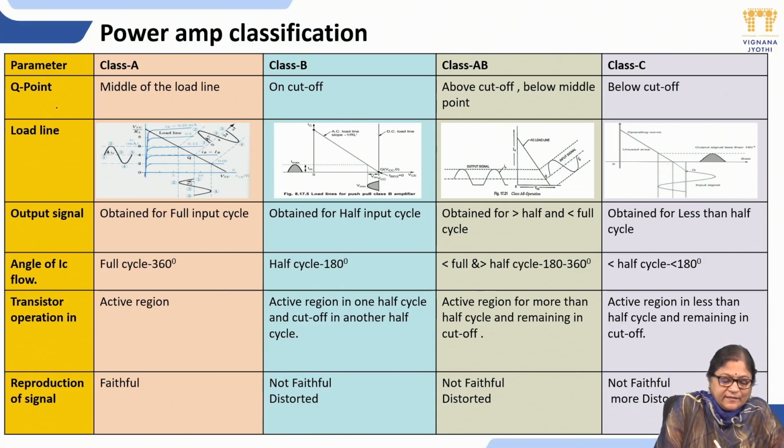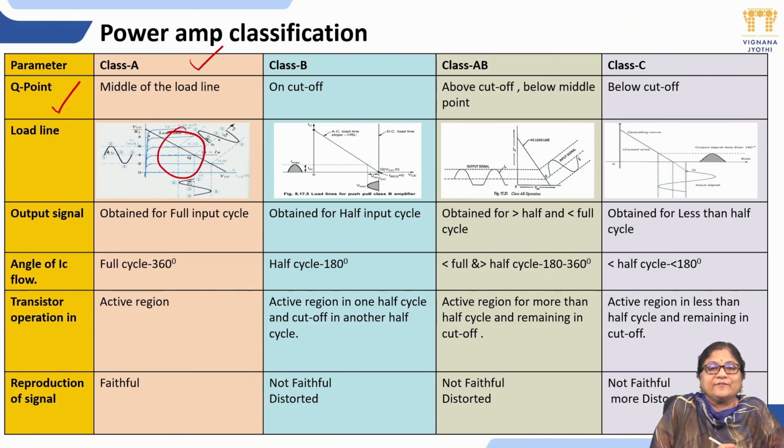If you look at here, the first difference is the Q point or operating point. For class A power amplifiers, it should be in the middle of the load line, that is in the active region. Then for class B, it is on the cutoff, and class AB between cutoff and active region. For class C, it is below cutoff.